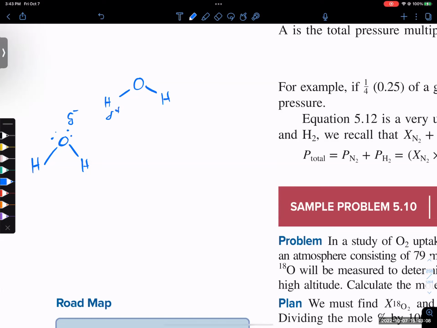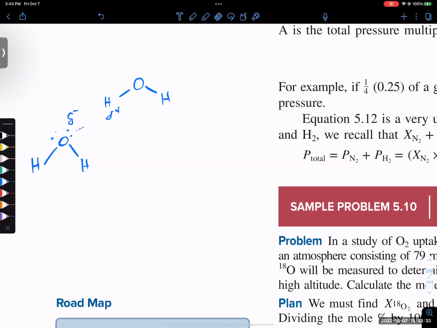Okay. All right, so when that third postulate says they don't exert forces on each other, right? When you're moving fast, the amount of time to interact with each other is very small, because that oxygen wants to interact with those partially positive hydrogens, okay? This is not something you really need to know for this class. We'll be talking more about it in Gen Chem 2.